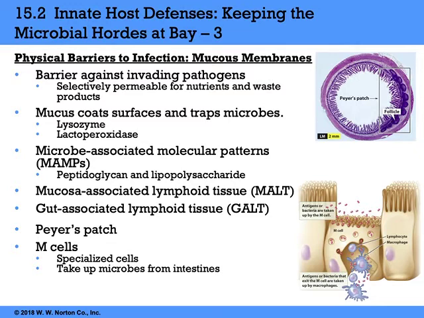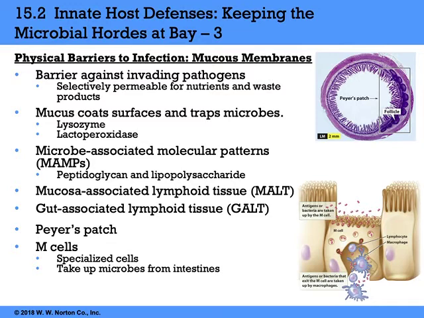Okay, we've talked about MALT. Gut-associated lymphoid tissue is basically the mucosa-associated lymphoid tissue of the alimentary canal, the digestive system. Okay, Peyer's patches are MALT that is found in the area where the small and large intestine join up, which is called the ileum.